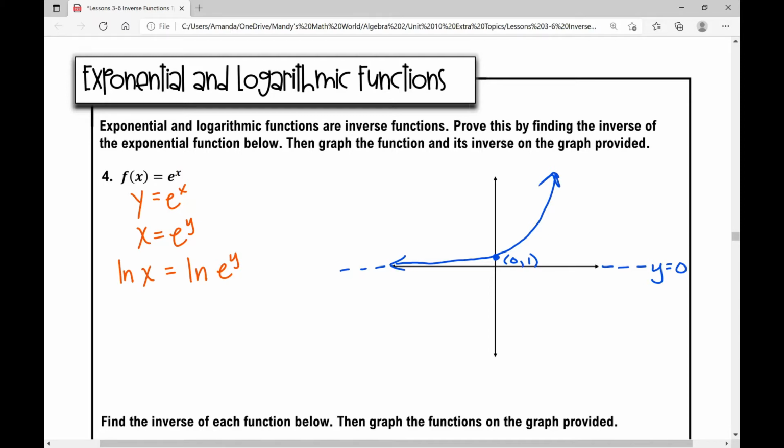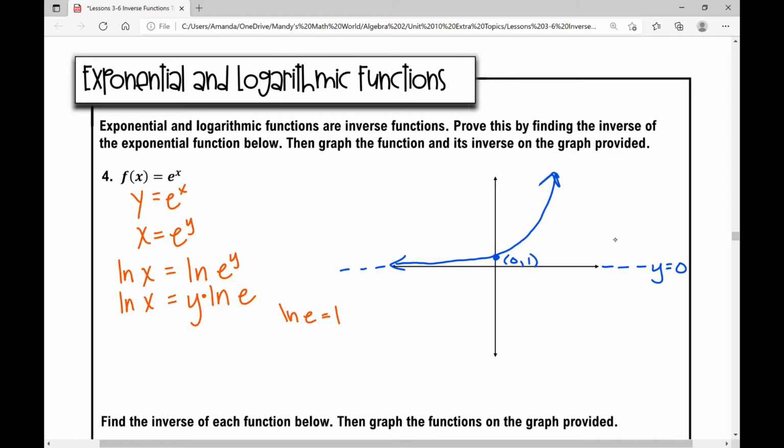And I can rewrite what's on the right side of that equal sign as y times the natural log of e. That's y times the natural log of e. The natural log of e, another property of logarithms, the natural log and the e undo each other, right? Because the natural log of e is just 1.